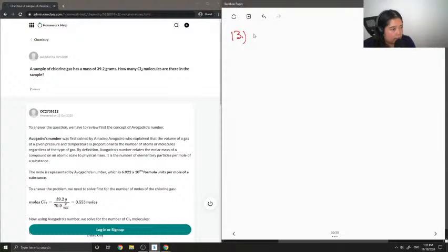You'll notice they give us the mass of chlorine gas, which is 39.2 grams. What we also need in this question is the molar mass of chlorine gas. So if we look at our periodic table, the molar mass of a single chlorine atom is 35.45 grams per mole.